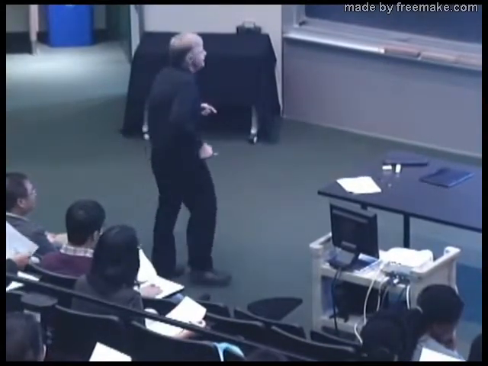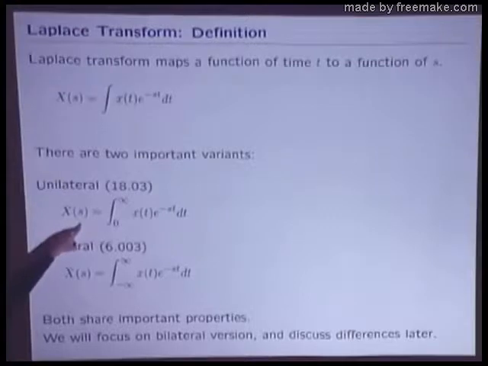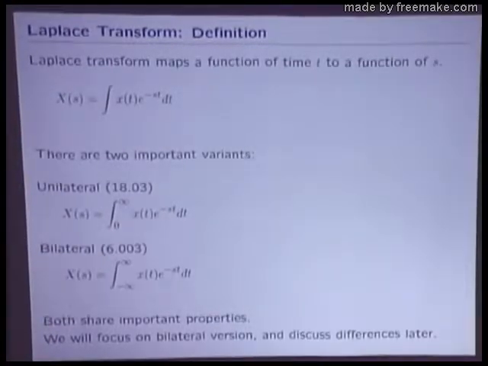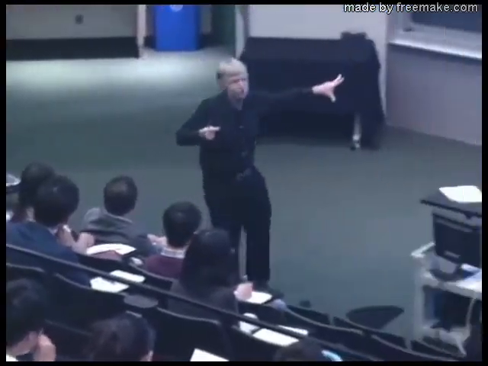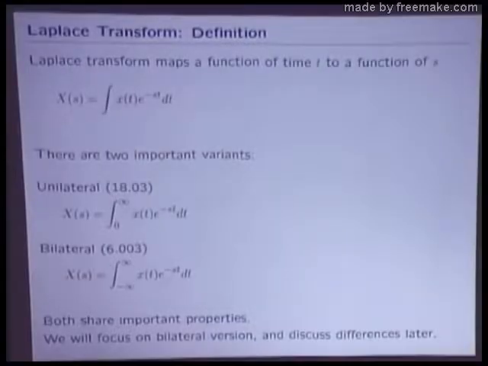Actually, there is one tiny thing that's new. In 18.03, they use a variant of the Laplace transform that we will call the unilateral Laplace transform, which means they started their integrals at 0. For reasons that will be clear at the very end of the course when we do Fourier transforms, to make the transition between this kind of transform and a Fourier transform easier, we will do something called a bilateral transform.